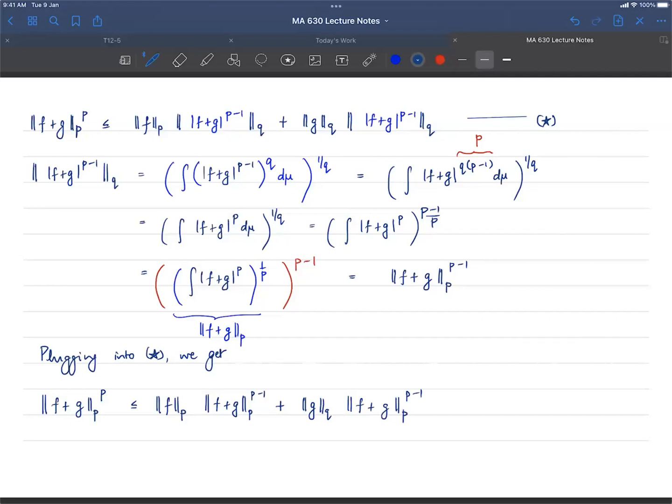So basically what I have on the right side is the LP norm of F plus the LP norm of G, times the norm of F plus G to the P minus 1. Any questions with this?